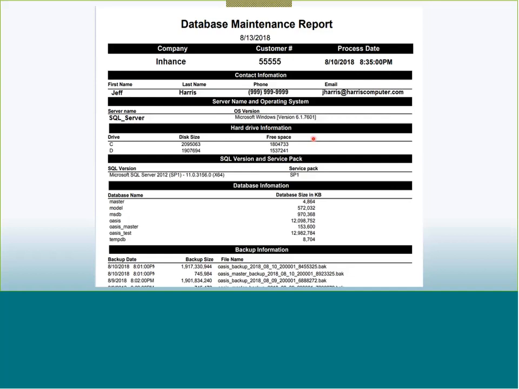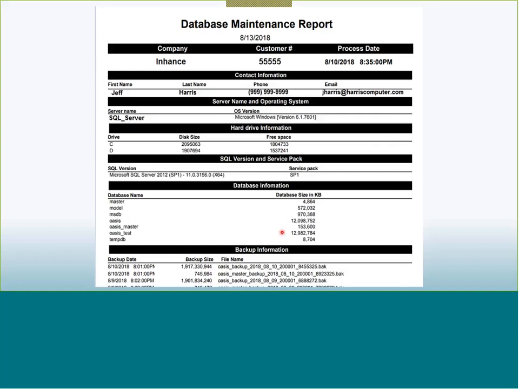It was written a long time ago, probably about 10 years ago, so it could read a little bit better. So anyway, that gives you your free space, and you skip down here to the database information section, which shows you all your databases on your server and the size of your database.